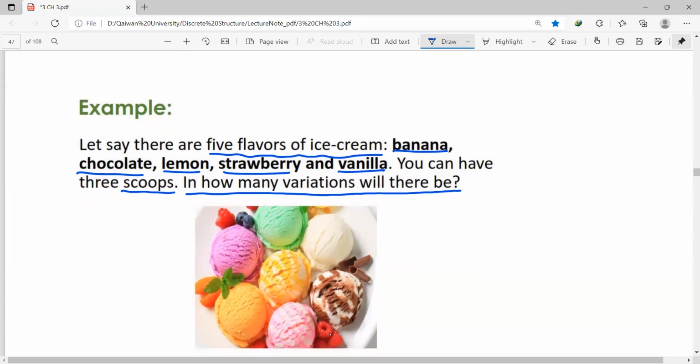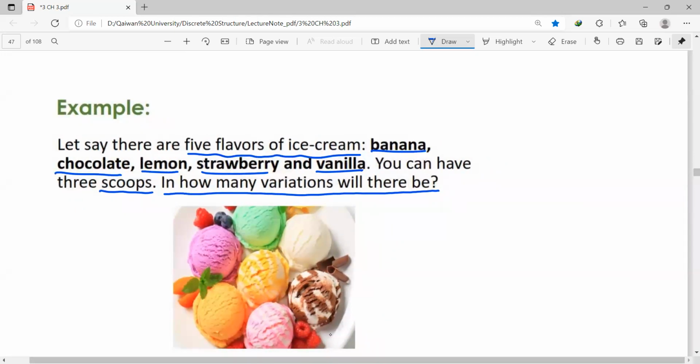Since the repetition is allowed, we apply the combinations with repetition because here we have no ordering. So now we should identify R and n. What's R here and what's n? As you see, we take 3 out of 5.